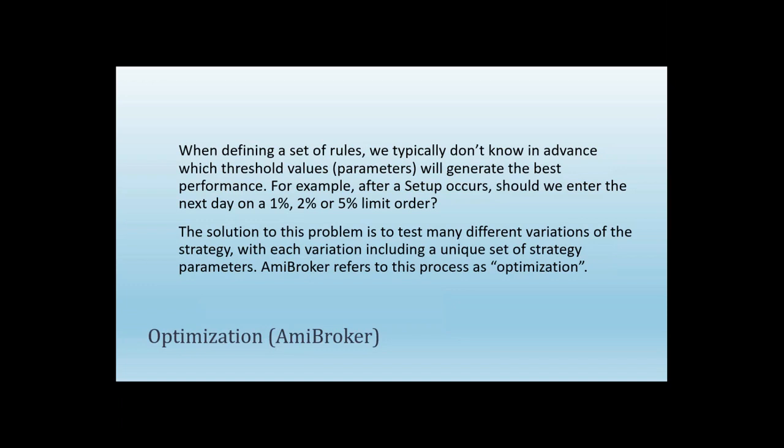And if I'm trading a mean reversion strategy, then maybe I'm requiring that on the setup day, my RSI 2 value be below something between 10 and 30 in increments of 5. What AmiBroker does during an optimization is it will go through and find every unique combination of parameters and run the backtest for that, and then at the end give you a summary of all the different parameter combinations, which we typically refer to as strategy variations.